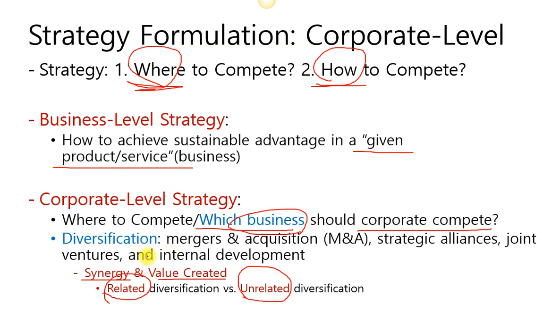So if you look mostly at Korean corporate companies, they do a lot of things, like Lotte, for instance. They have construction, they have hotel, they have DFS. I mean, DFS and hotel is related, but they do food, right? And they do chemical.